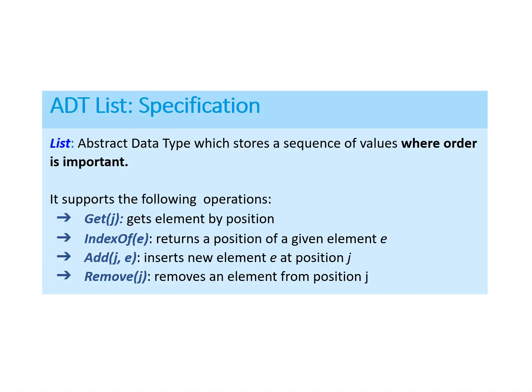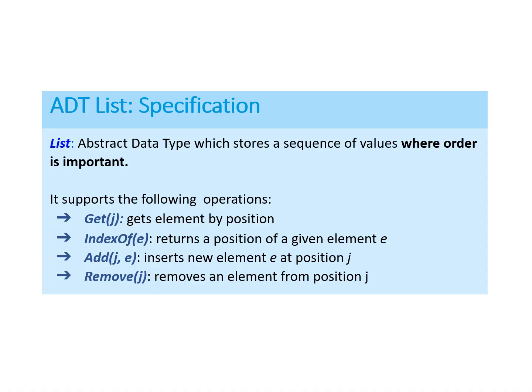We model this sequence where the order is important using the abstract data type called list. And we require this data type to support the following operations. Get item by position. Find the index of an item inside the sequence.